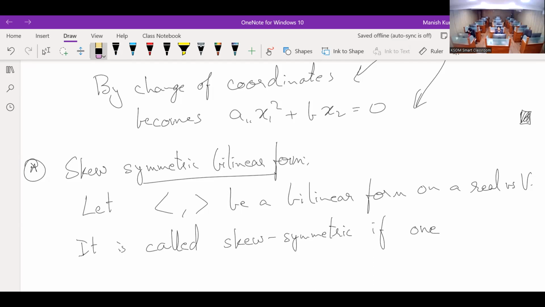Or maybe they are not always equivalent. Maybe for a real vector space they are, but let's not assume real.